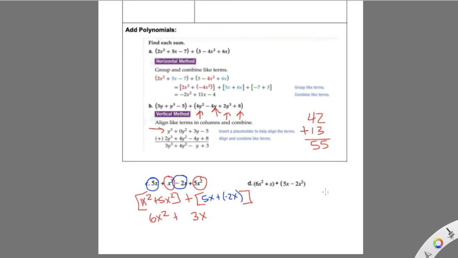So now if I look at this one, I'm going to line them up. So I have 6x squared plus x. They were already in order because I have squared and x. And then this one is not in order. I need to make sure I put it in order. So I have negative 2x squared here plus 5x.